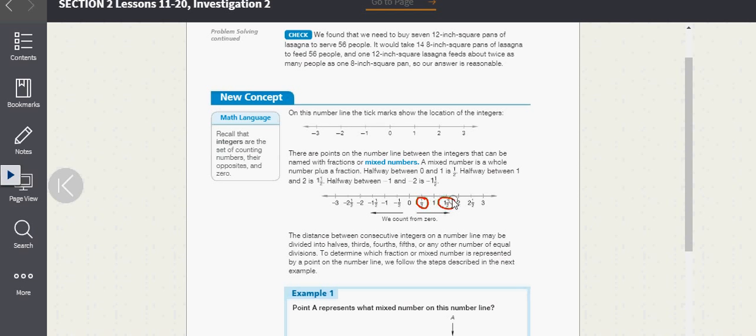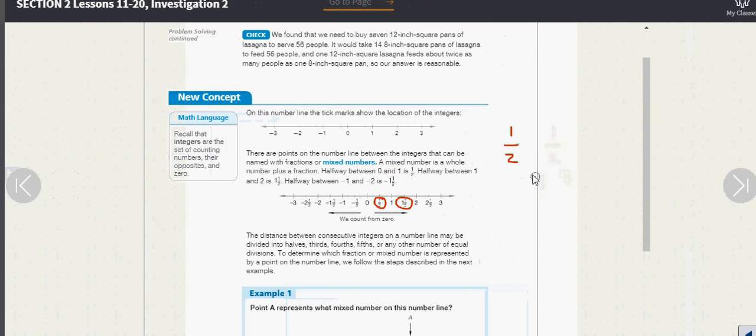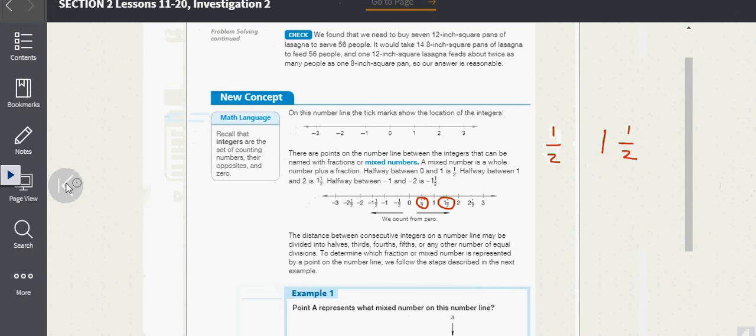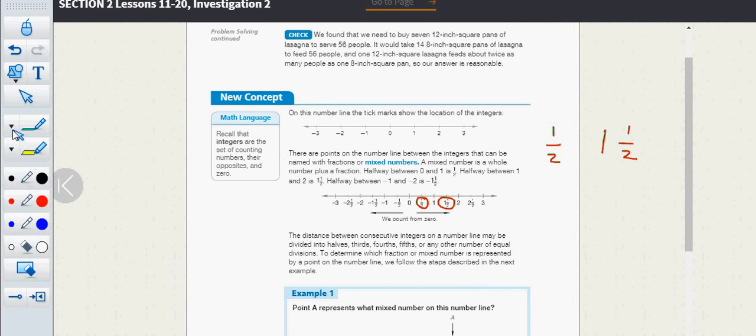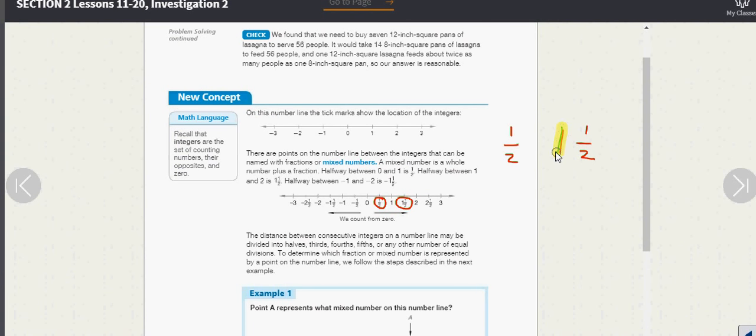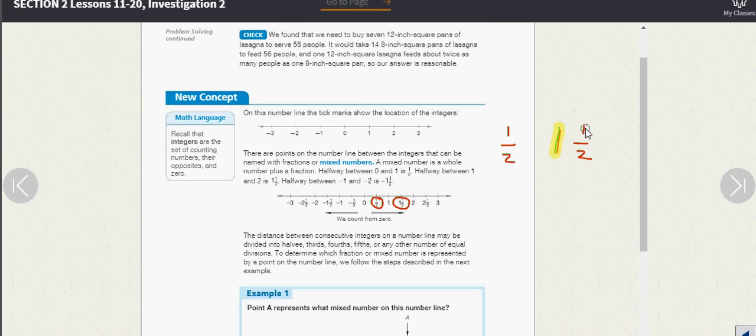like half or 1.5. Which one's the fraction? Which one's the mixed number? Half is a fraction because it's less than 1. 1.5 is a mixed number. Why? Because it contains a whole number like 1 and a fraction that's less than 1 put together.